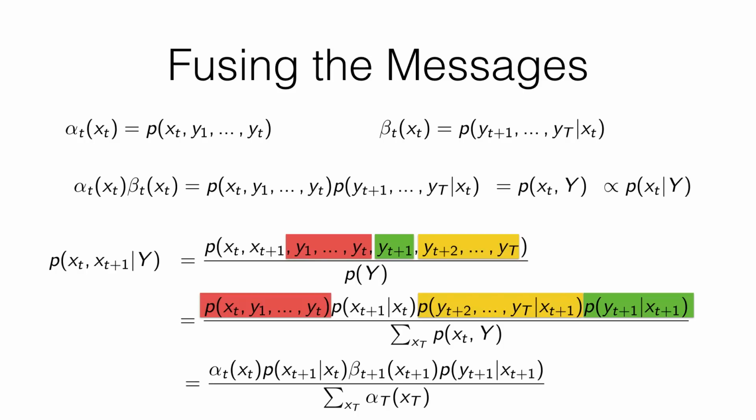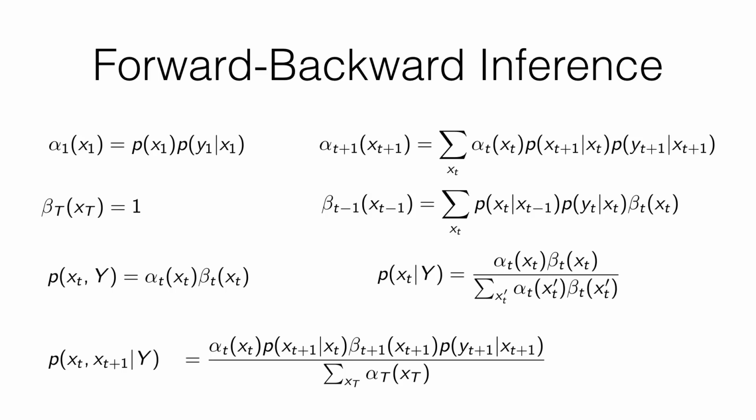Okay, so this is, I think, the one slide summary of forward-backward inference, and it's really just a few update equations. At the very top we have the alphas, which we compute forward in order, and then the betas that we compute backward in order.